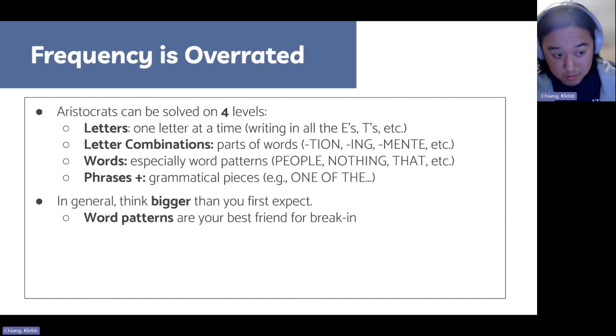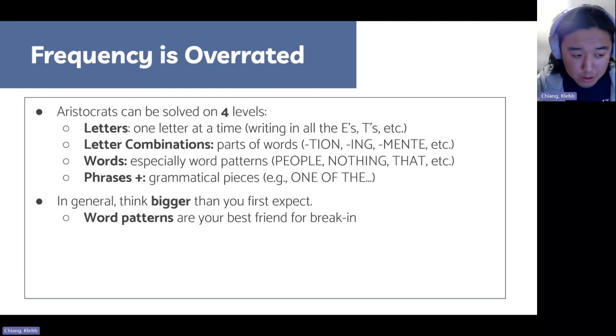People is 4: P, E, O, and L, right? Nothing is even more. If you can recognize word patterns or phrase patterns, you will get a lot of information right away, and that will speed up your solving quite a bit. Also, once you get good at it and comfortable with it, they become easier to spot.